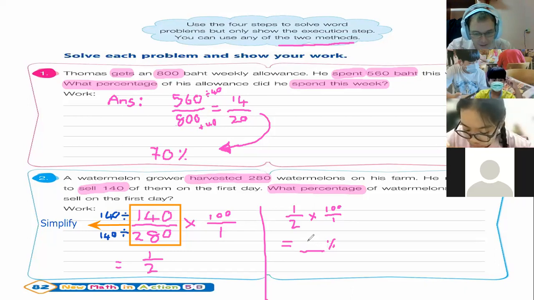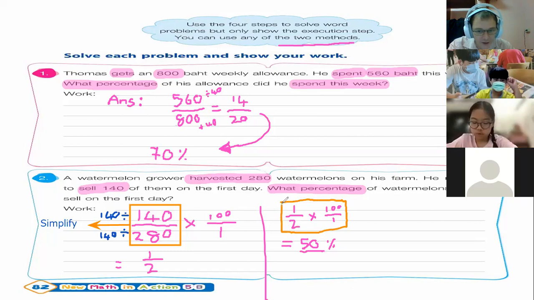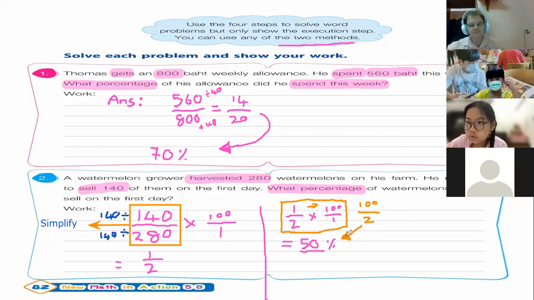Excellent. Well done. It is 50% or a half. Why do I tell you to write times 100 over 1? Because 1 multiplied by 100 equals 100, and 2 multiply 1 equals 2. 100 divided by 2 equals 50%. Okay, so that's for number 2.